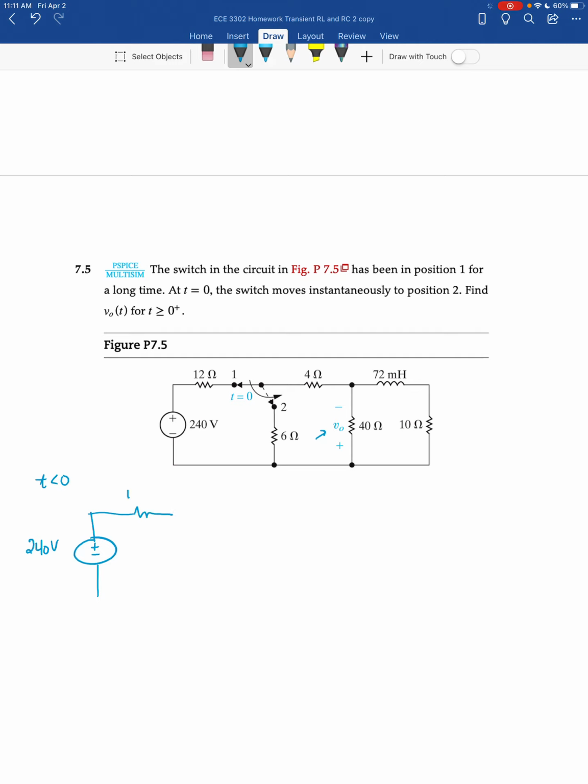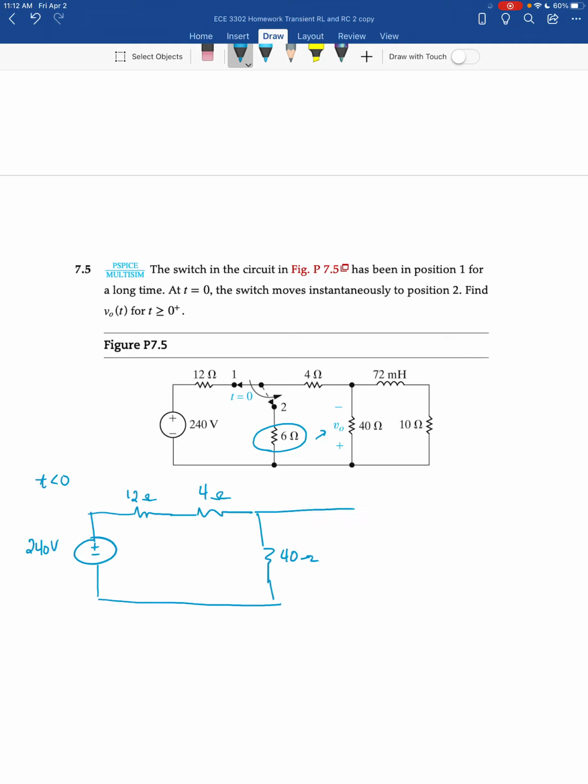So here's my 240 volts. For t less than 0, the source is connected. The 6 ohm resistor here is not in the circuit for t less than 0. It's just dangling there unconnected. So we'll just leave it out of our t less than 0 circuit.